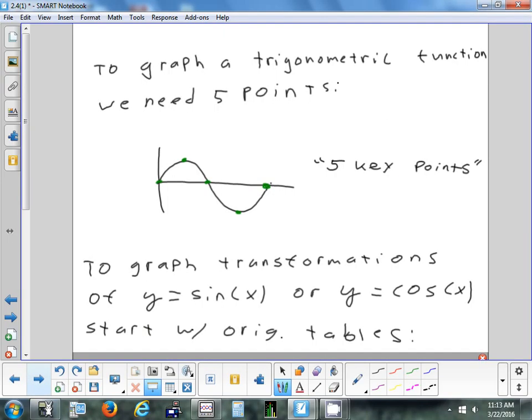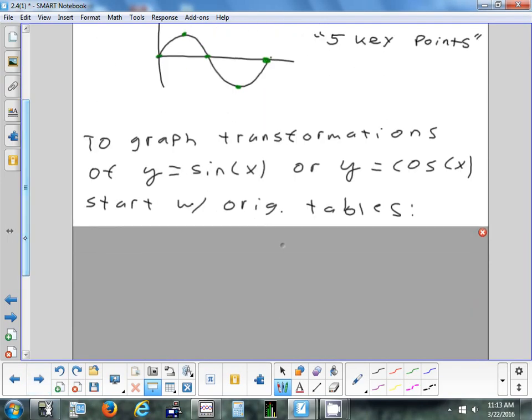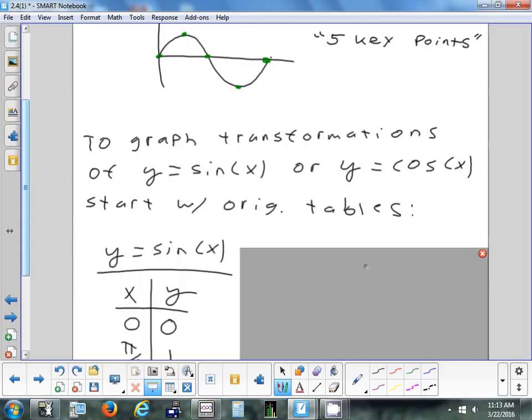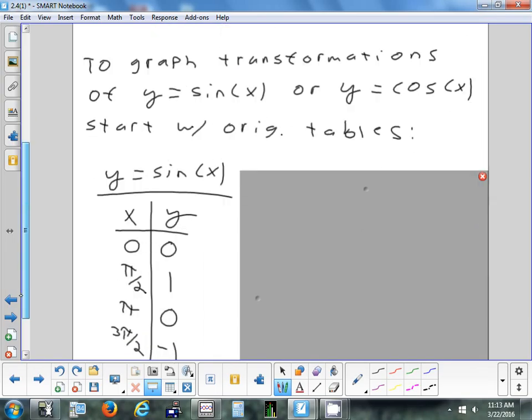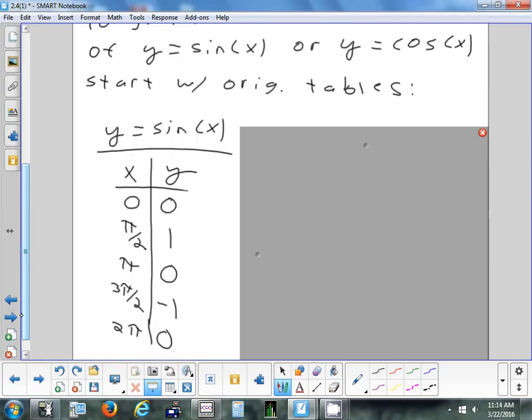But anytime you want to do a transformation, doesn't matter if it's a phase shift, which is what we're going to do today, or anything else that we learn tomorrow and Thursday, we always have to start with these 2 tables. These 2 tables are your starting point for every transformation. If you don't know where to start, you can't figure out where to go to.